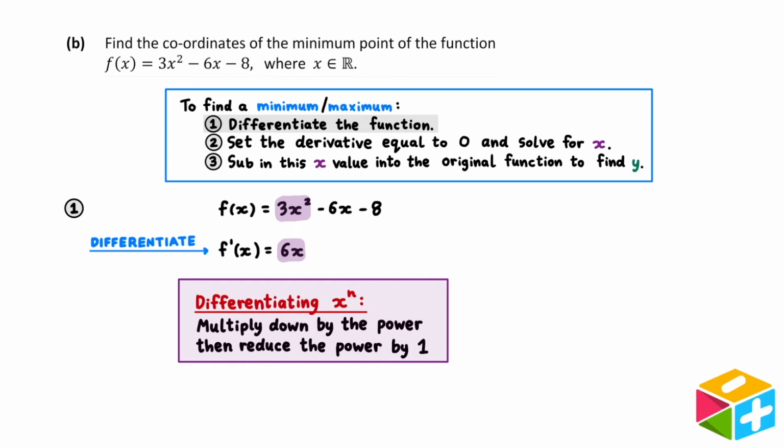We have a rule for differentiating powers of x. Multiply down by the power, then reduce the power by 1. We have a power of 2. To differentiate, we multiply down by 2 and then reduce the power from 2 to 1. So 3x squared differentiates to 6x to the 1, which we typically just write as 6x.